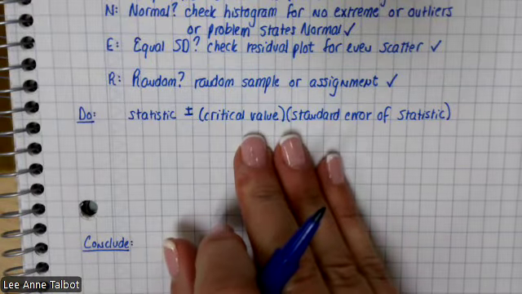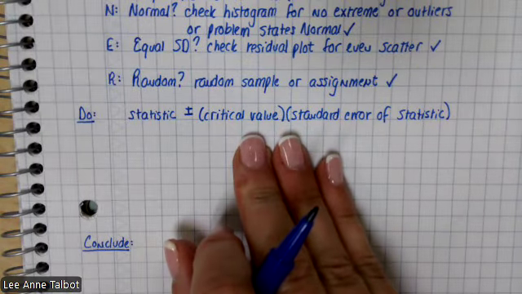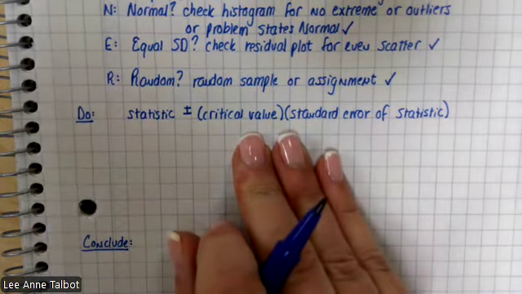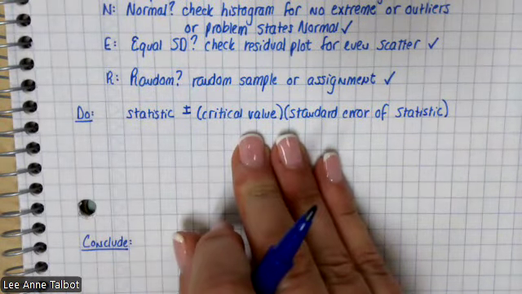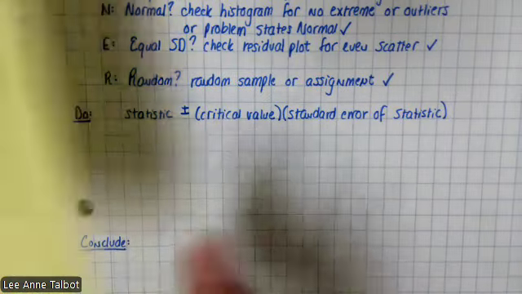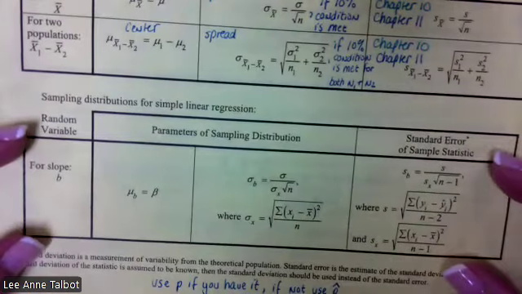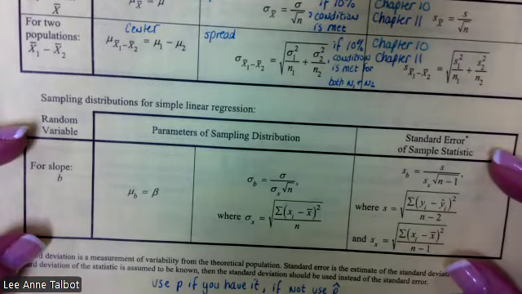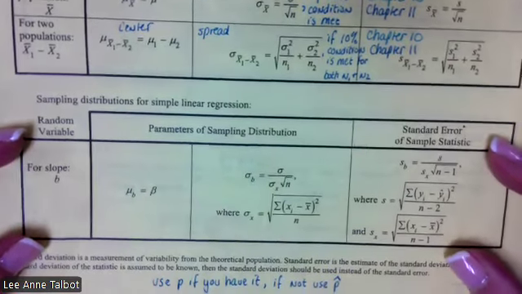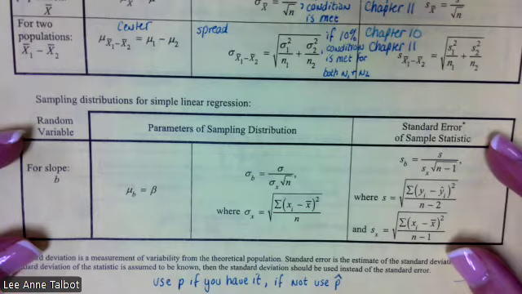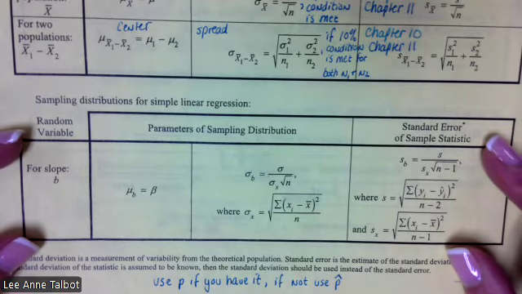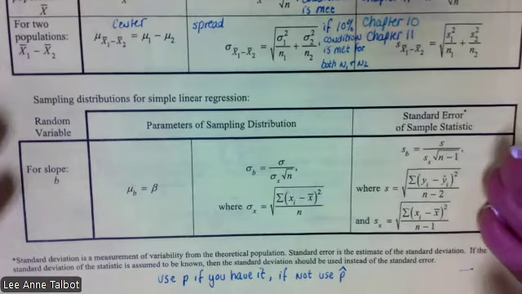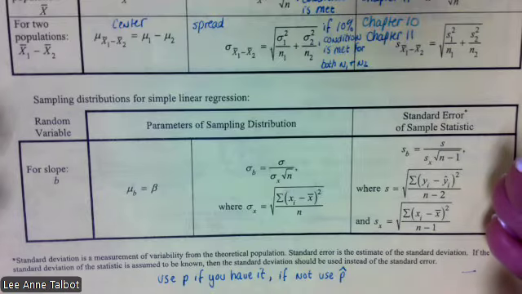On the front page. Okay, so now flip to the other side of the yellow sheet. And at the bottom, there are the formulas that are used for this. However, we don't really use them. I can tell you that these are the formulas for slope. I can also tell you that you're never going to look at this spot again. I have never seen a problem where you've had to calculate any of these things. They're always given to you. So that's really super cool that they put this on here. It's not useful at all.